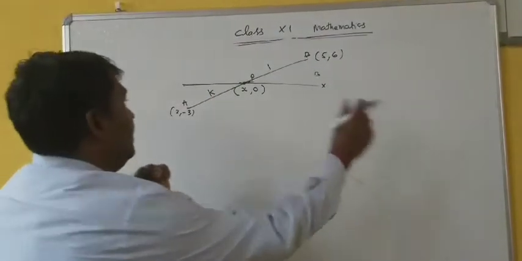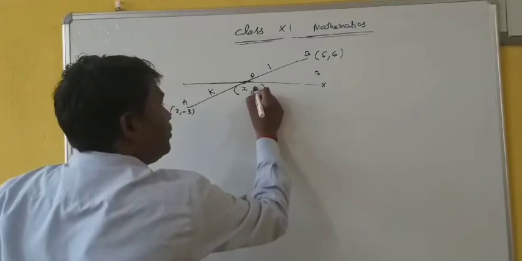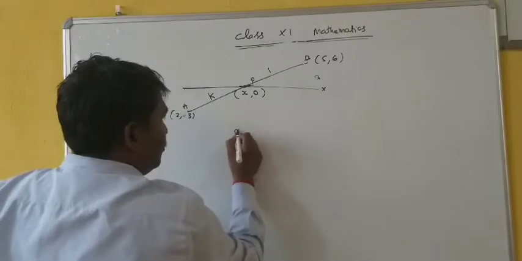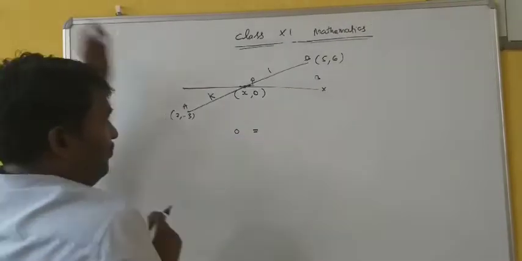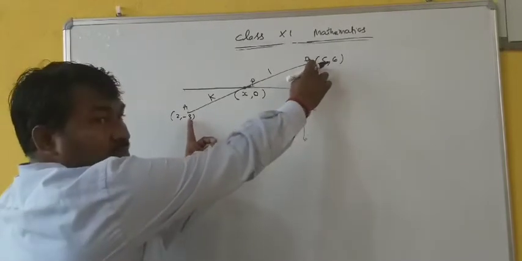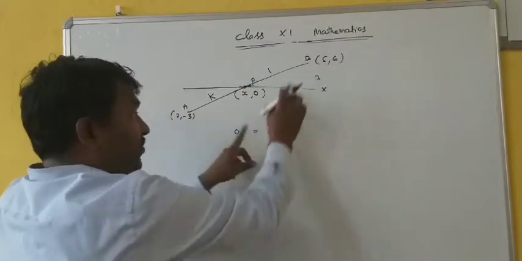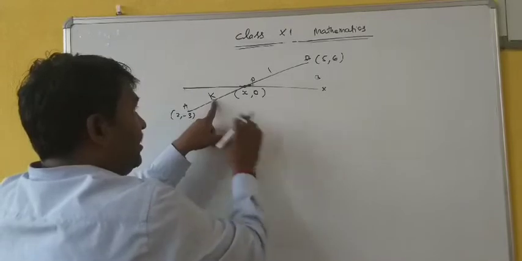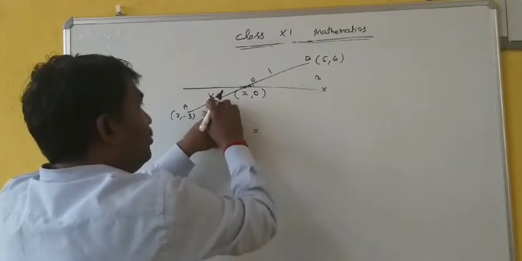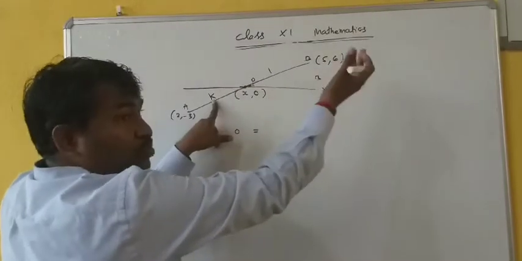See how you can find it. Now its y coordinate is known, so just find the y coordinate. The y coordinate is 0, so this is equal to the formula of internal division, since this point lies in between the line joining these 2 points. Therefore for internal division this k will be multiplied with this, since the y coordinate is here, so multiplication will be with the y coordinates.